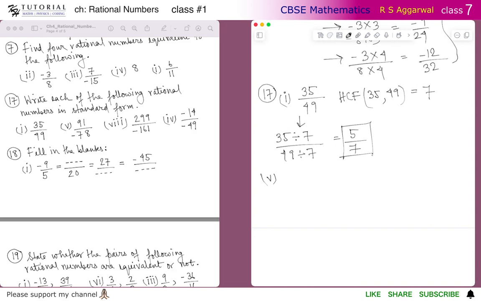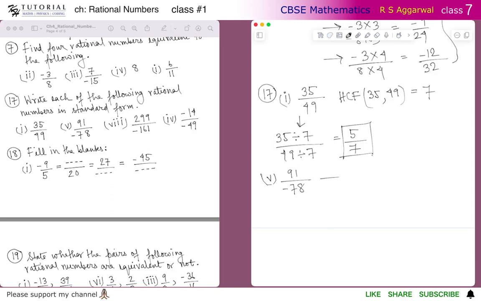Next is 91 by minus 78. First we have to see that the denominator is less than 0.